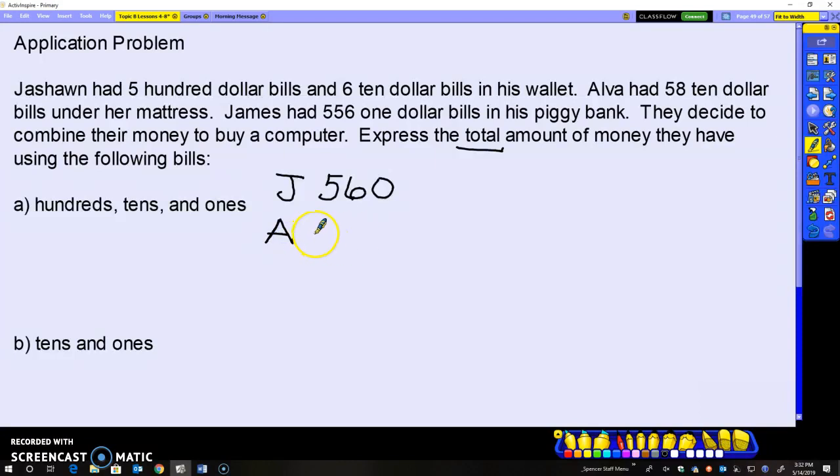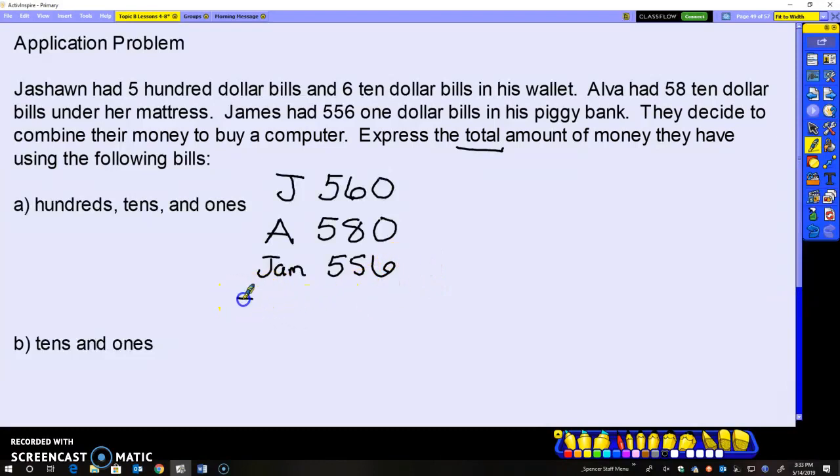Elva has 58 $10 bills, so 58 tens, so times that by 10. Okay, so 58 tens, which is $580. And then James has 556 $1 bills, so that comes to 556.